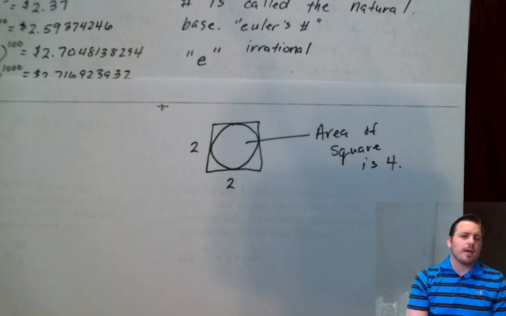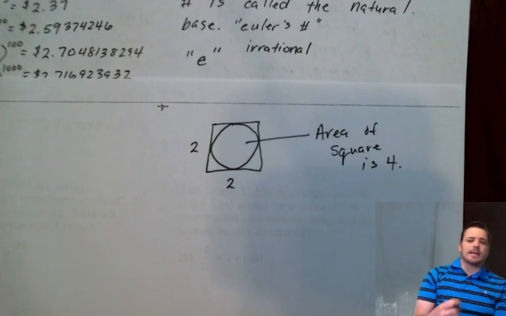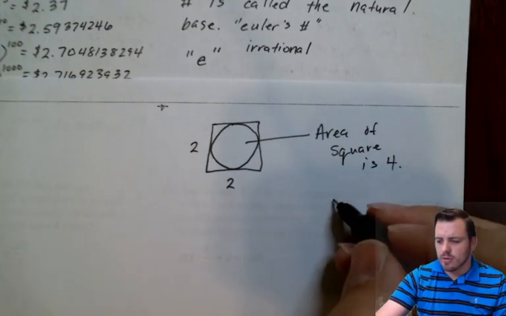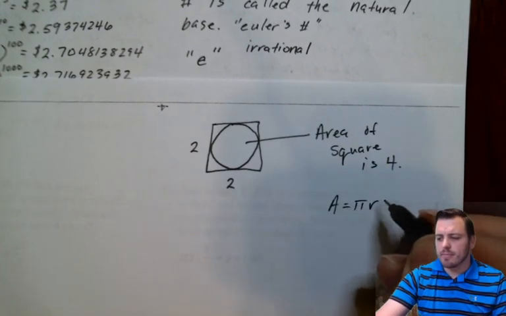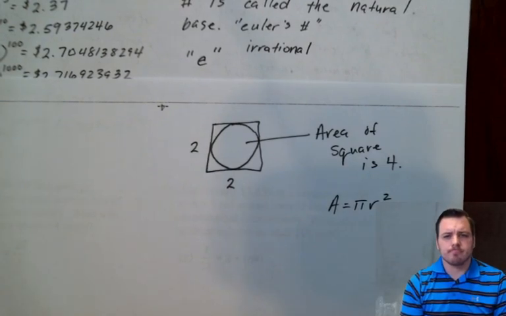And this is where pi comes in. The area of a circle is pi r squared.